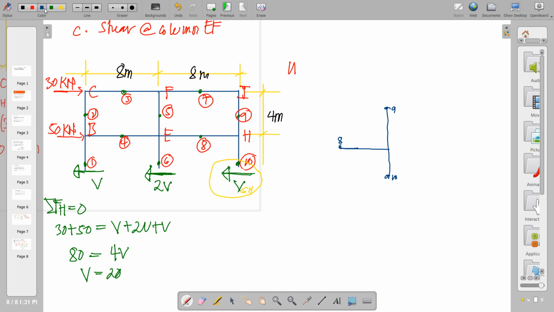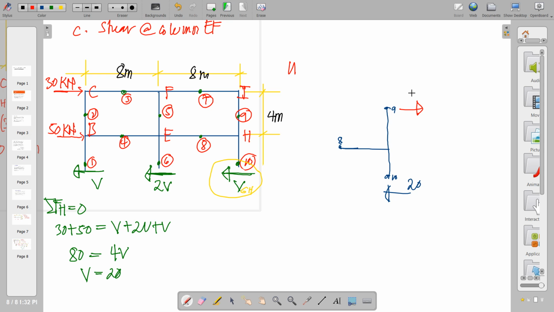So let us label what we have obtained here. Say this is obtained to be 20, and there shall also be shear force on 9.